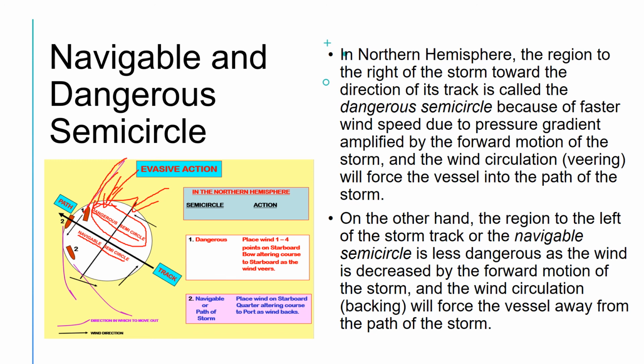While dito sa navigable semicircle, ito yung kung saan tinatapon na niya yung bugso. Kung saan ilalayo na niya kayo. Yung bugso ng hangin galing dito sa right portion, itutulak kayo papalayo na ng bagyo. Kaya yan ang safe or navigable semicircle.